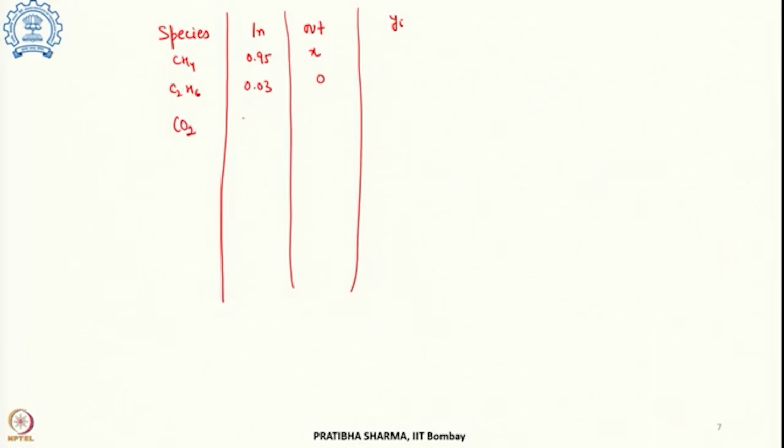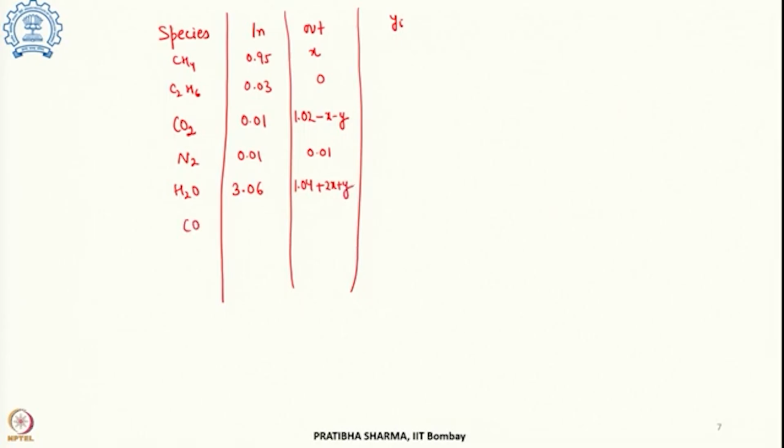Carbon dioxide 0.01, this was given in the problem and we have found that its content on the outlet side is 1.02 minus x minus y. For nitrogen this remains unreacted, it was 0.01, it remains 0.01. For water we have found it is 3.06 and then at the outlet side it is 1.04 plus 2x plus y.